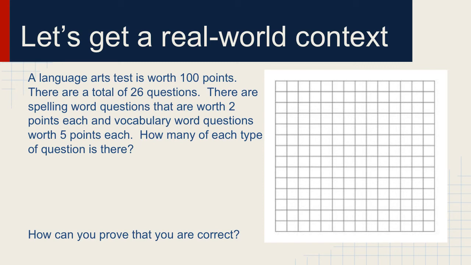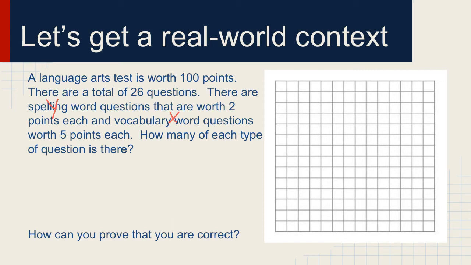Okay, well, let's start with our first equation. And I don't think I told you, but I'm going to have the vocabulary be my x's and the spelling be my y's. So on the first one, I know there are 26 total questions.